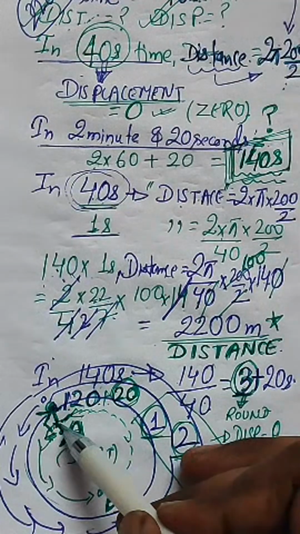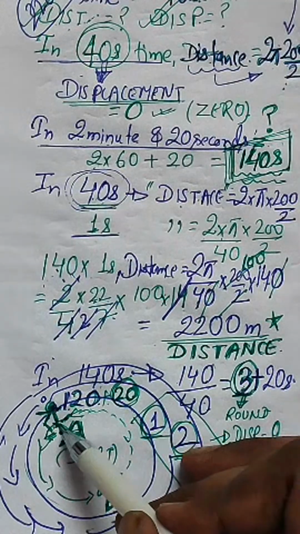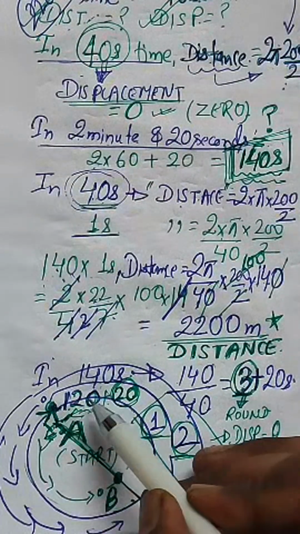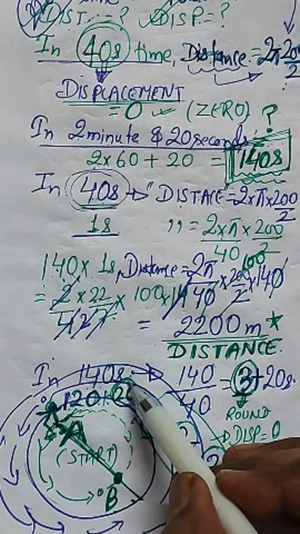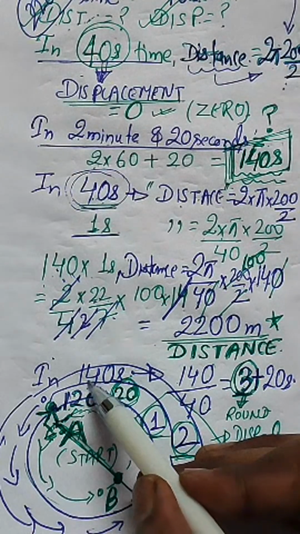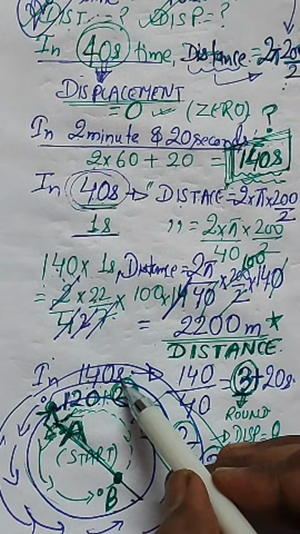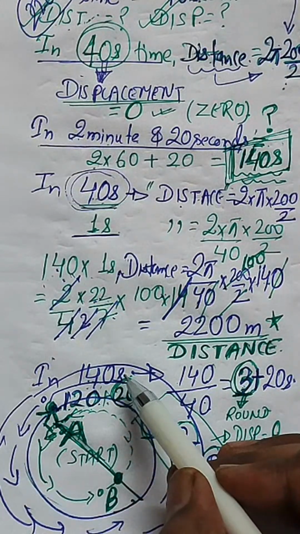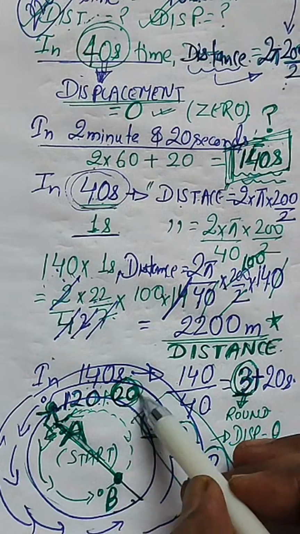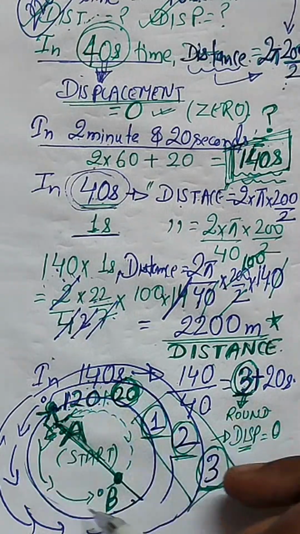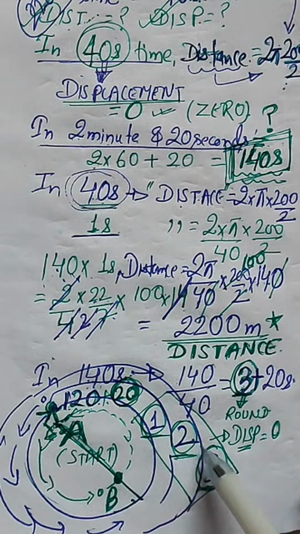So in 3 rounds the displacement would be 0, but the time given to you was 140 seconds. That means 20 seconds extra is available to you after the athlete completes these 3 rounds.